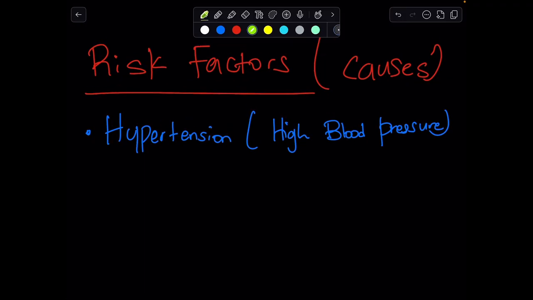But let me just use a simple example. So what happens is high pressure causes breakdown.